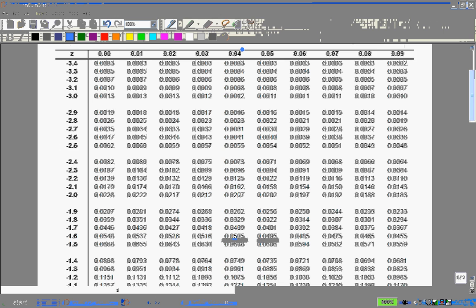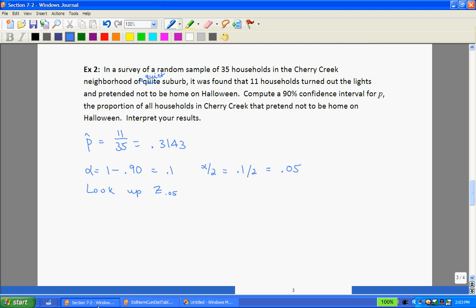So let's see, I think I'll do 1.645. So Z 0.05 is 1.645. And don't forget, you could also do this on your calculator with the inverse normal function. If you were to type in 0.05, you get negative 1.6448 back, and you could round that to 1.645.